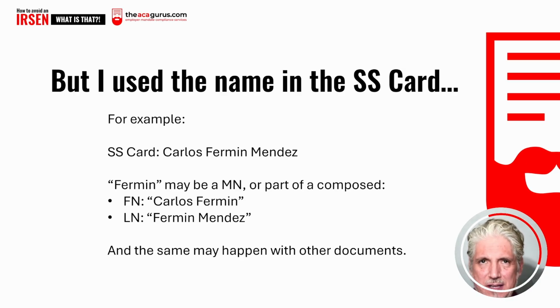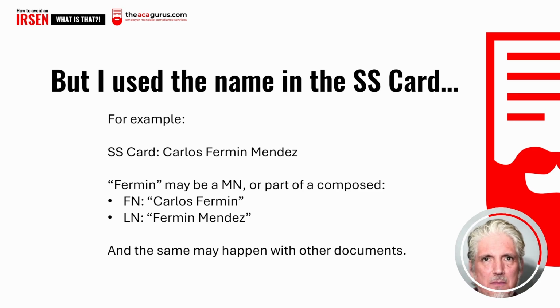Carlos Fermin Mendez. So Fermin, as the name is written on the Social Security number, might be a middle name, or can be part of either a full first name, which is Carlos Fermin, or a composed last name, which would be Fermin Mendez. It's just that the Social Security card does not tell you.